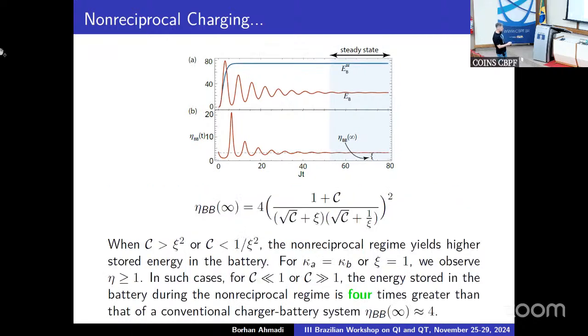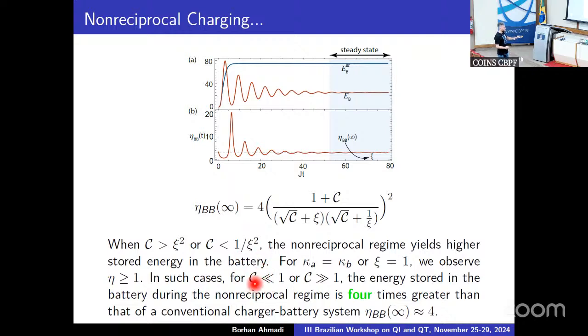To see whether C is bigger or smaller than xi over 2: for example, if C is much bigger than 1 or much smaller than 1, then eta B is equal to 4. For example, if we choose the dissipation rates kappa to be the same, then xi would be 1.